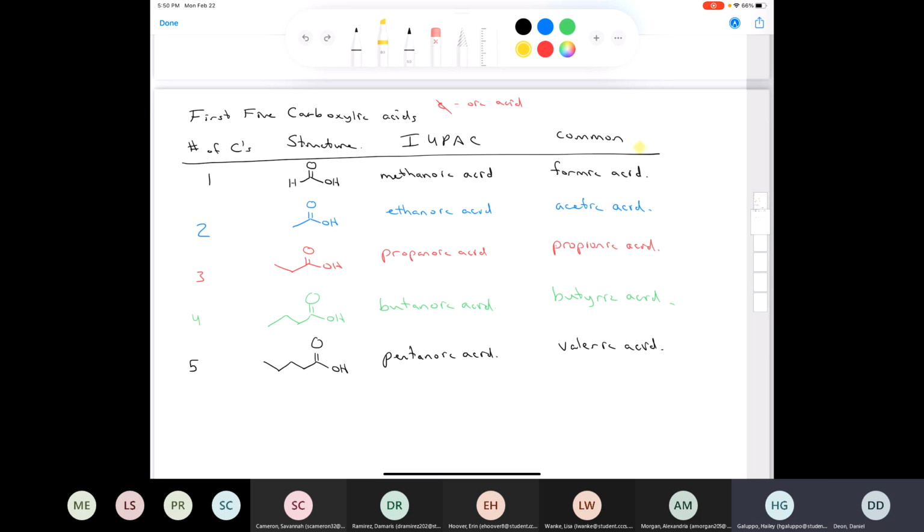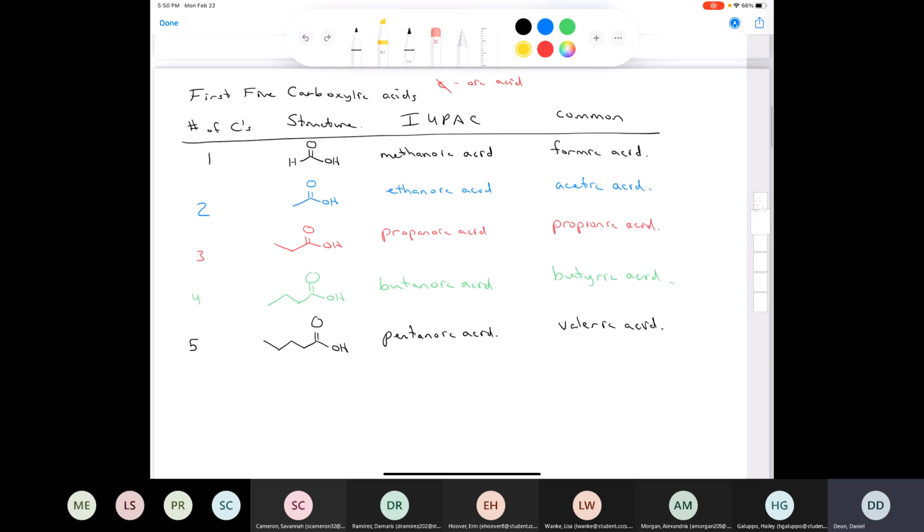But you have to be aware of all the IUPAC names and all of the common names for the first 5 carboxylic acids. Something that everybody who takes this class, everybody who's gone before you, and everybody who's going to come after you, you all have to memorize those IUPAC and common names for the first 5 carboxylic acids. Well, with that in mind, let's take a look at that question.